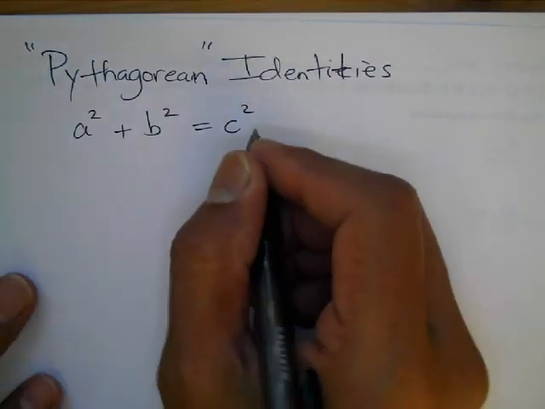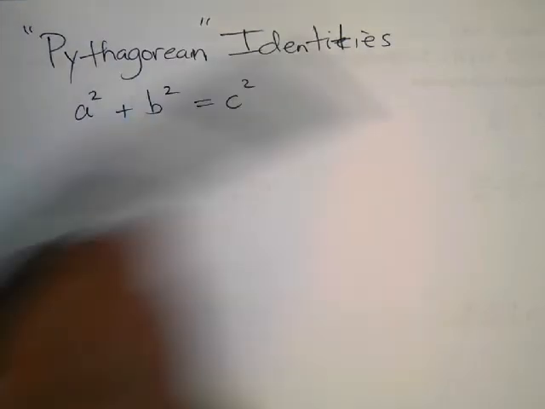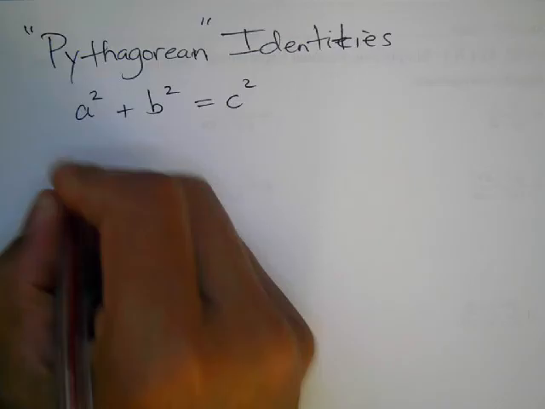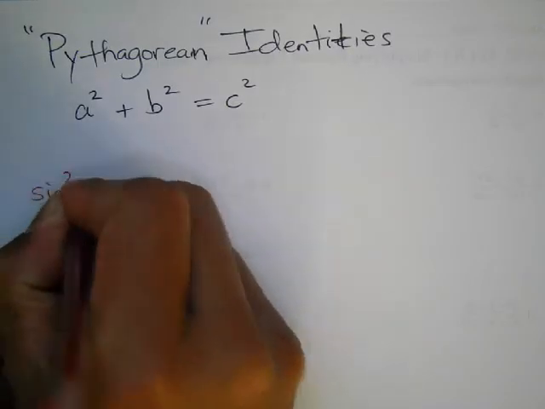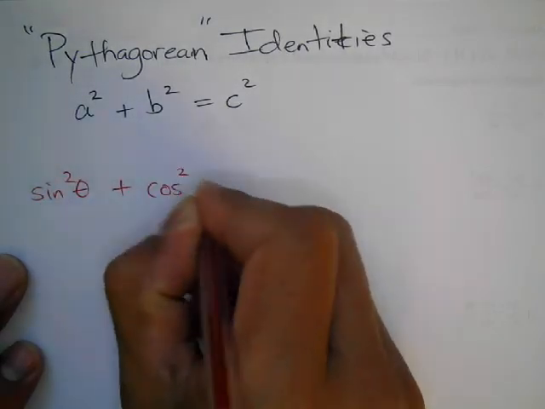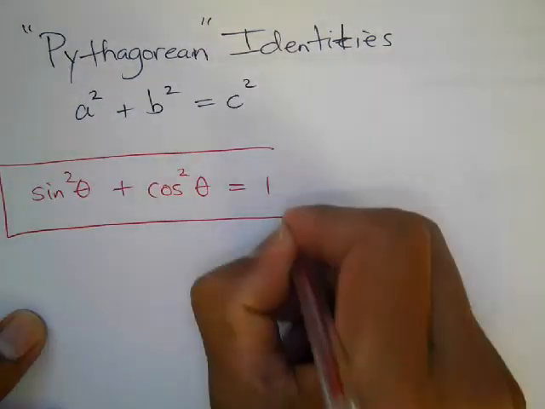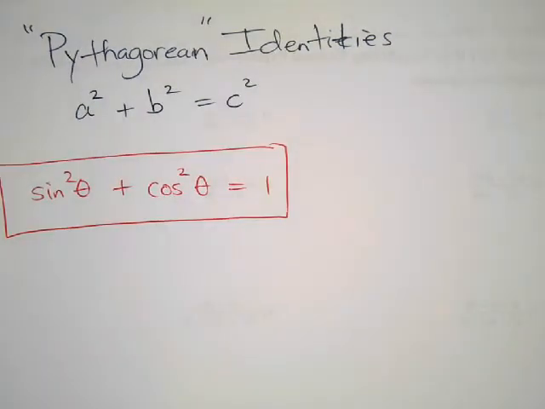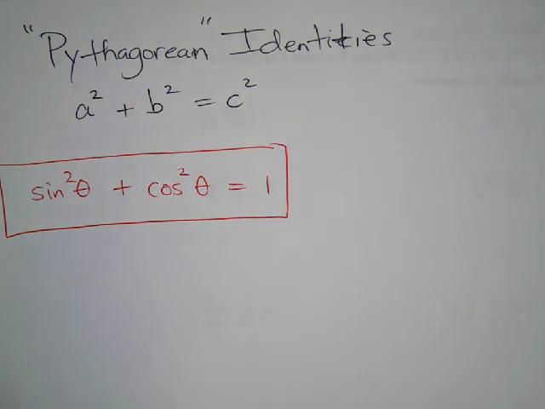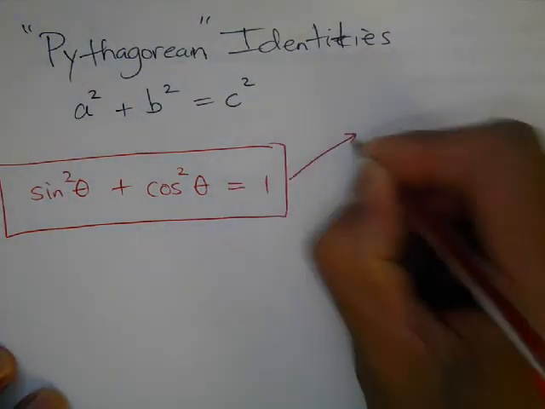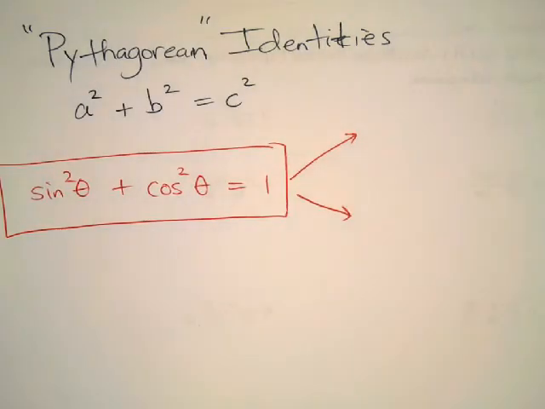The Pythagorean identity, this most popular one, is sine squared plus cosine squared equals 1. This is the main one right here. And from here, I can get to other ones.